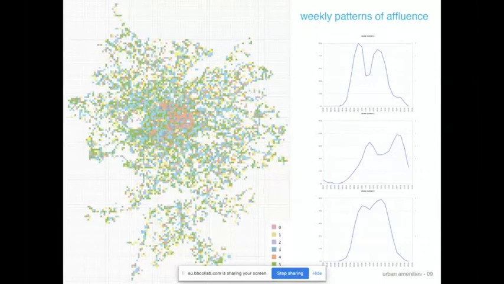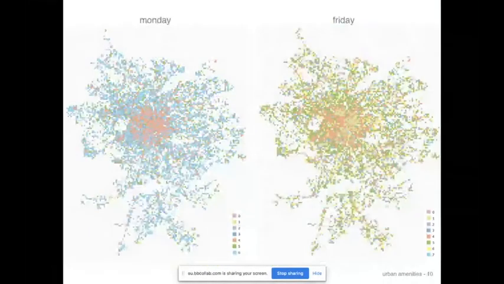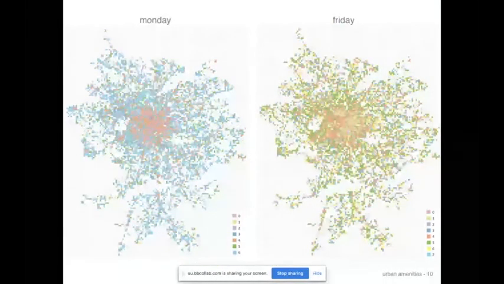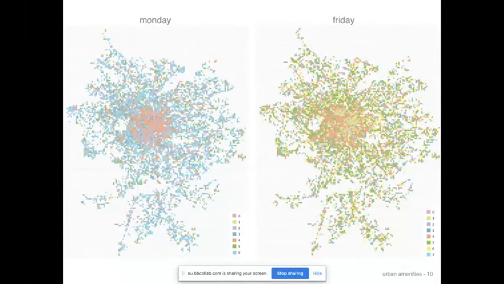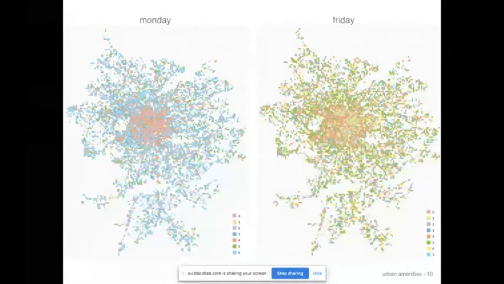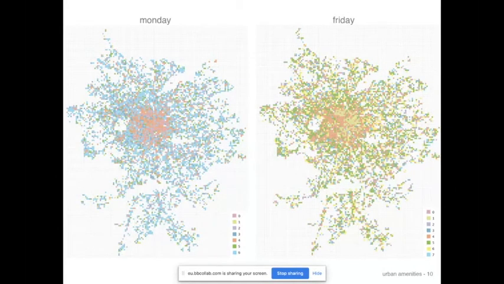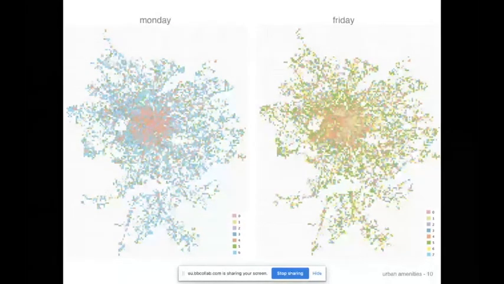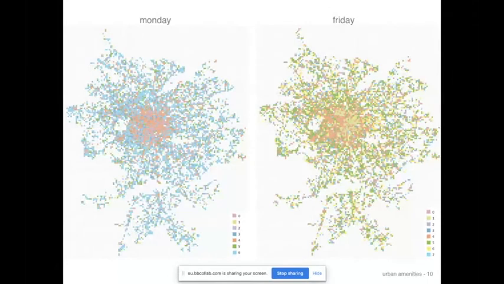This is a weekly average day, but because we had access to the data for different days, we can also cluster and add the results for different days in the week, like for Monday and for Friday, and observe the variation of the temporal trend and the variation of use of places by people during the week.